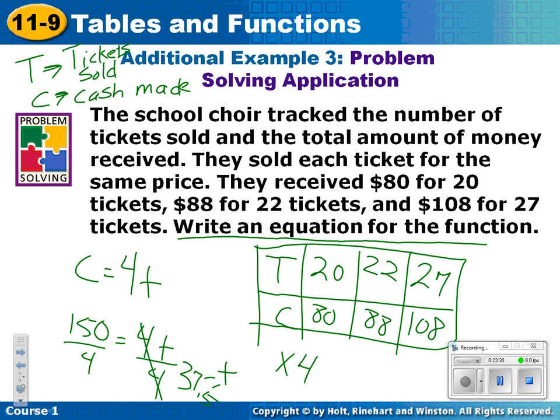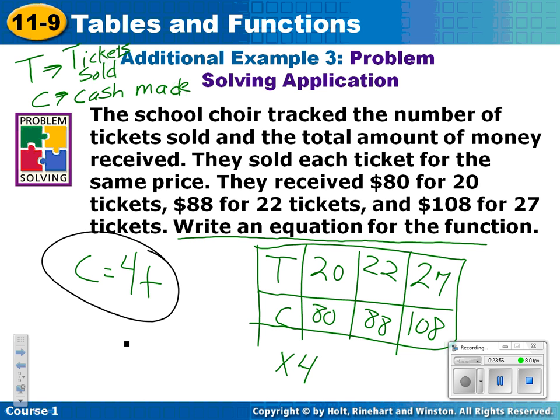Okay. I know I took this another step, because I figured you guys could handle it. I wanted you to understand that you can work these equations both ways, and you can use this equation to find out information. What you are going to be asked to do for your homework today is write an equation for the function.